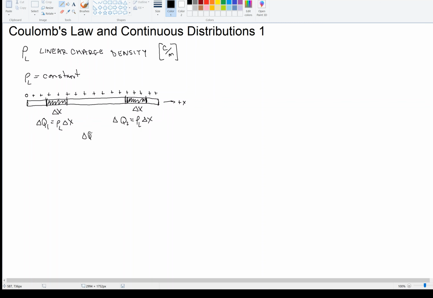So that Q1 equals Q2. It doesn't matter where you take that equally sized slice, because the thing is uniformly distributed, you get the same charge, right?